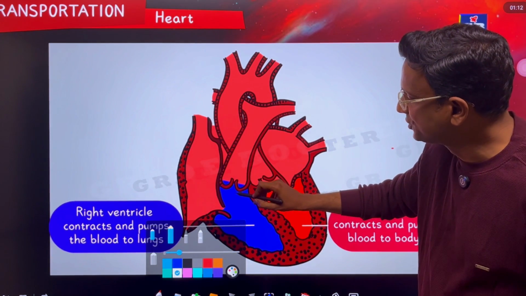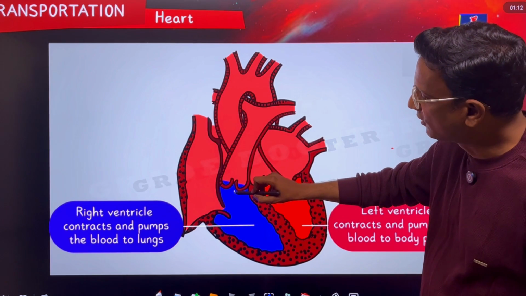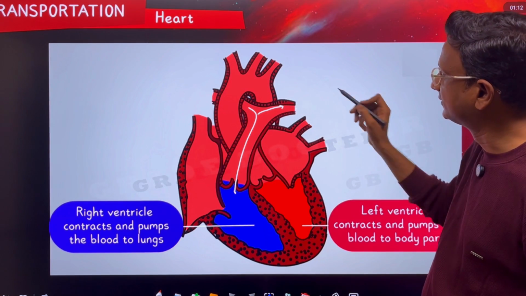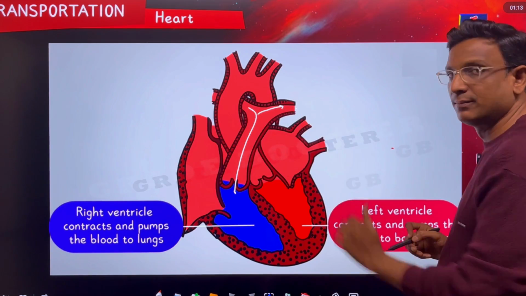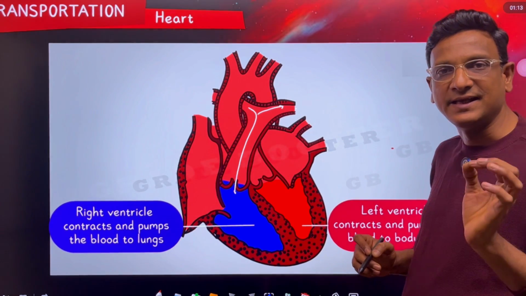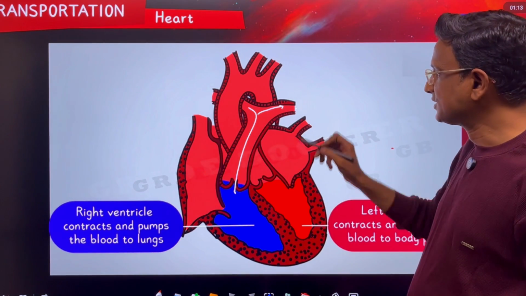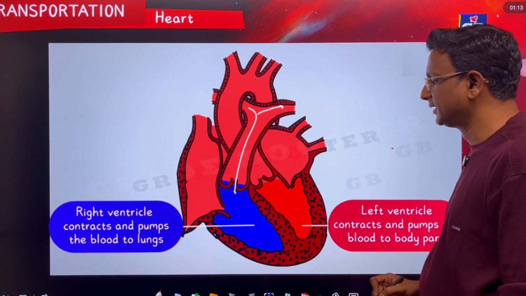The blood shown in blue is deoxygenated blood. So this deoxygenated blood is sent into the lungs. This is the pulmonary aorta. The pulmonary aorta carries the deoxygenated blood to the lungs. So from here, the blood goes to the lungs.